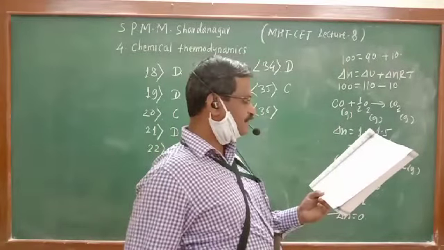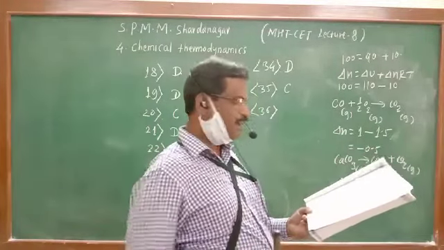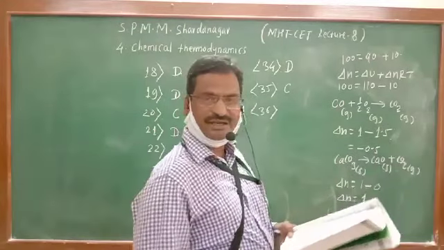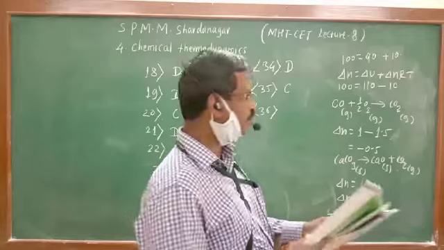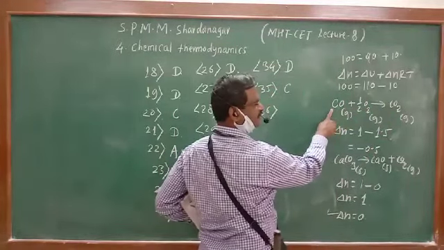C, delta H is always less than delta U, that is also wrong. The last option is correct, that is delta H is less than delta U whenever the number of moles of product is less than the number of moles of reactant.